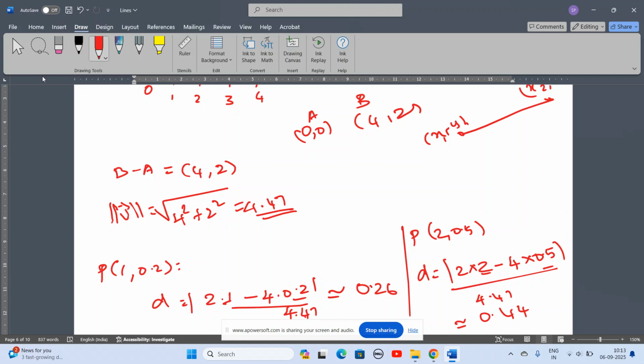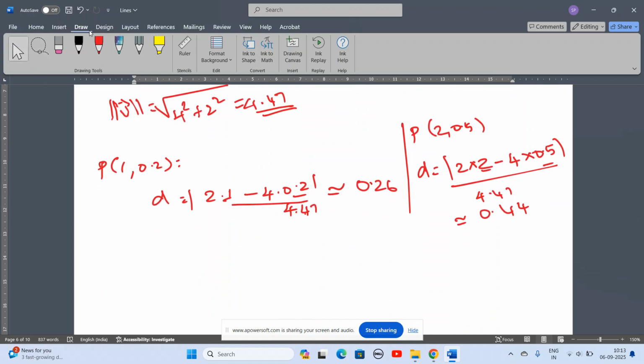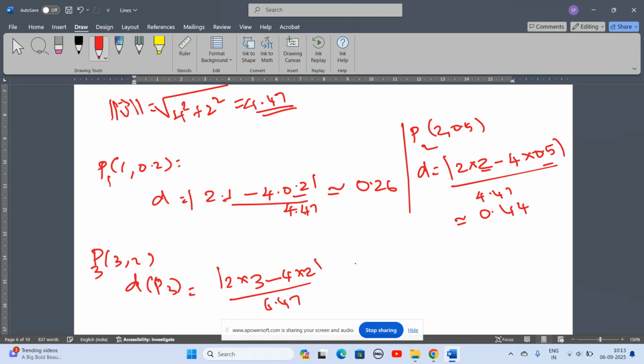The next step is to identify the distance of the remaining point, P3, which is 3 comma 2: 2 into 3 minus 4 into 2, divided by 4.47, which is 0.4472. Here also 0.4472, more or less they are the same. First, we have taken an edge. By considering the end points of the edge, we have drawn a line. The next step is to find the distance between the intermediate points and the line. We have done that.